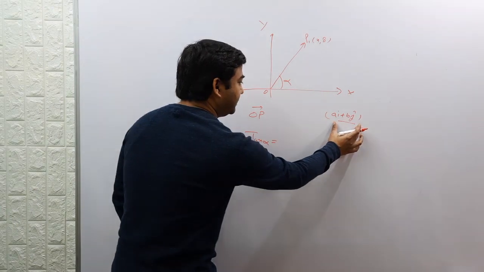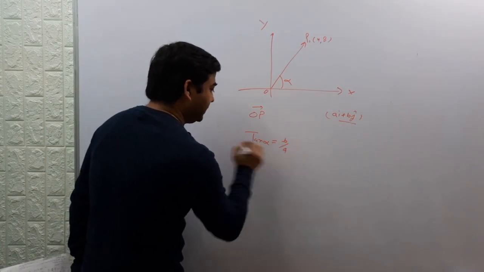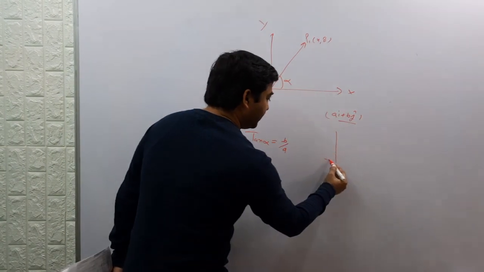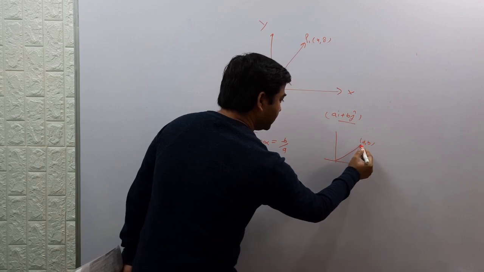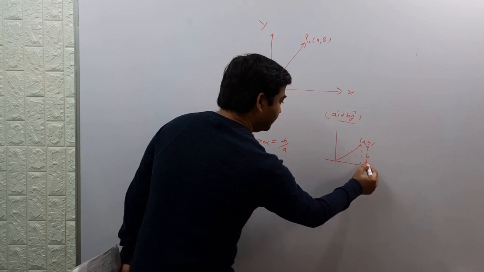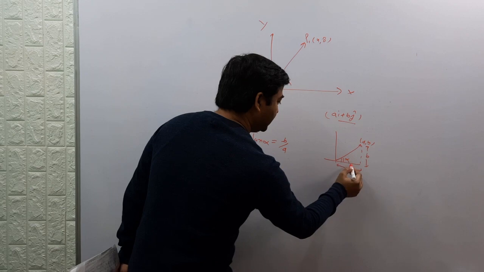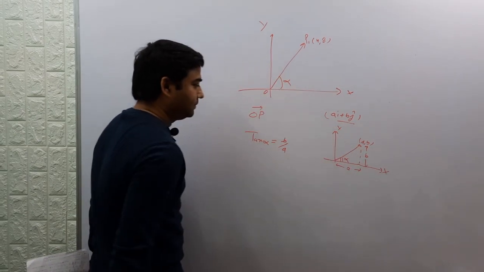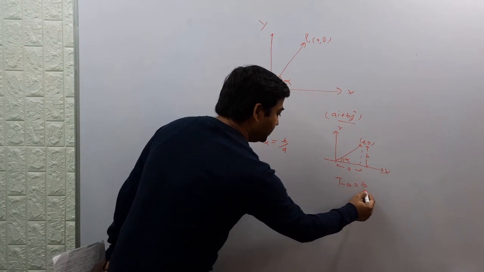So for this vector, tan alpha is B by A. That you can easily find. This point is A comma B and this is a vector. So this distance will be B and this distance will be A, and this angle is alpha.